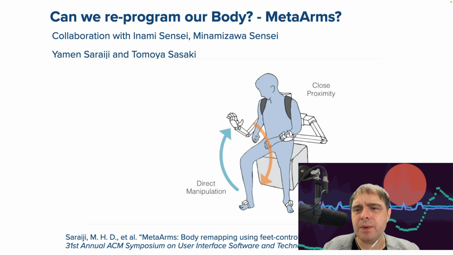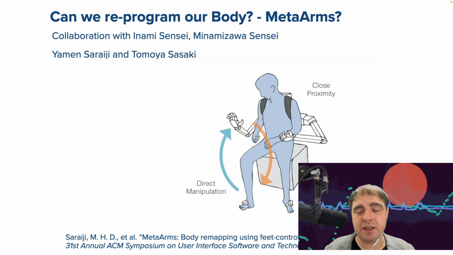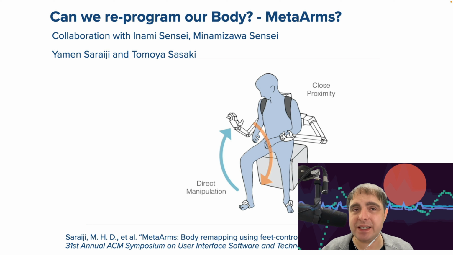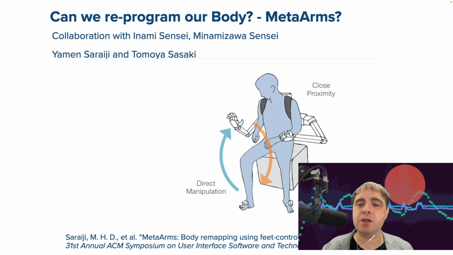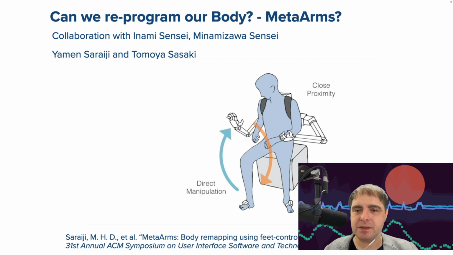So we worked with Yamen and Tomoya on meta-arms. What you see on the illustration is two robot arms that you wear on a backpack and two trackers on your feet, so you can just use the arms while sitting. The two trackers transmit the movement of your feet to the two additional arms.